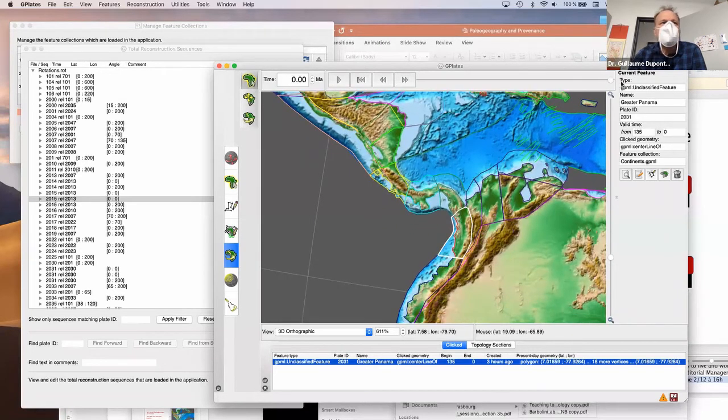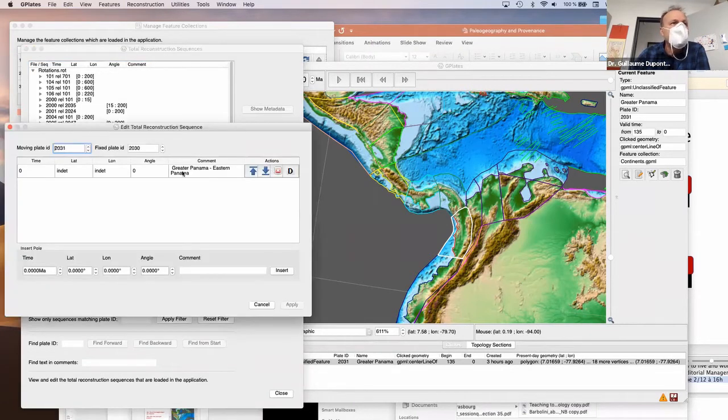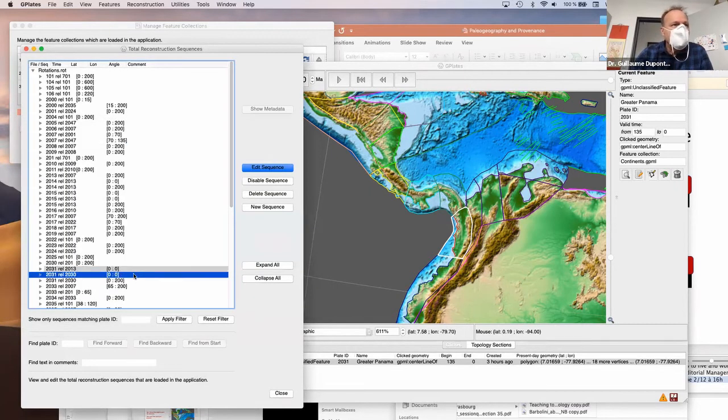And so to do this, I go in the files again. And so 2031 is here, and I will try to connect it, all of them now. This time I will connect to 2013, actually. Easier than that. Okay, apply. And here, I do the same.